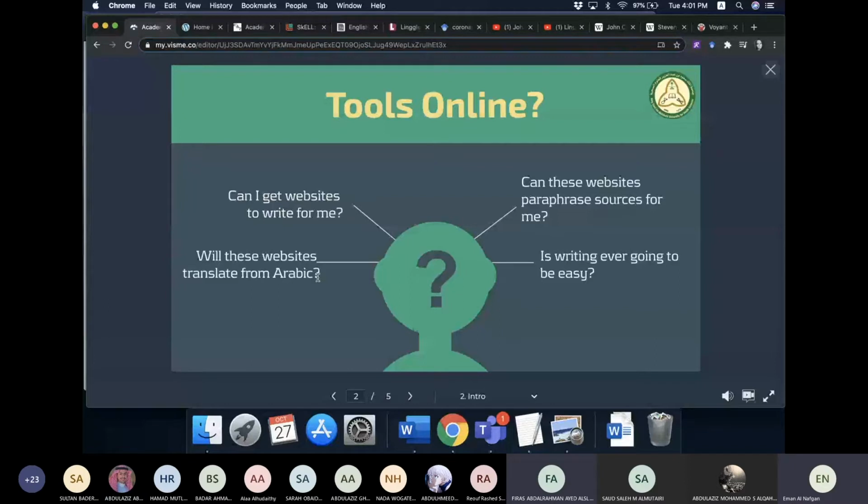All right. So, one of the things that I find students searching desperately for are websites that write for them. Something that's very common, especially among first-year students. They try to find websites that paraphrase for them.